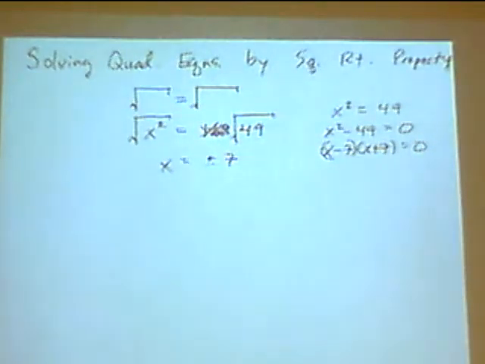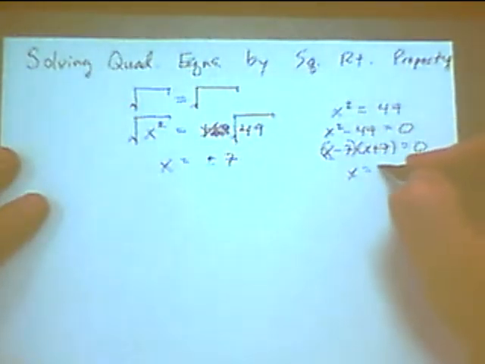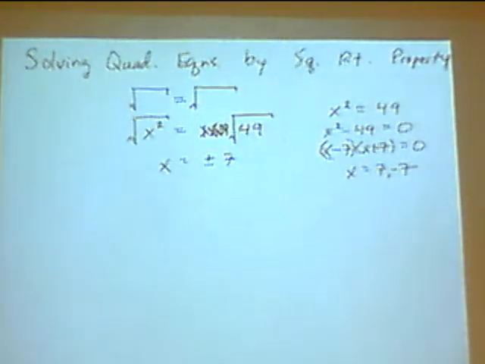So x minus 7 times x plus 7 equals 0. Now you look at your two parentheses and you realize the two solutions are 7 and negative 7, which is the same we got earlier. But I think the square root property is a much easier way to do it.